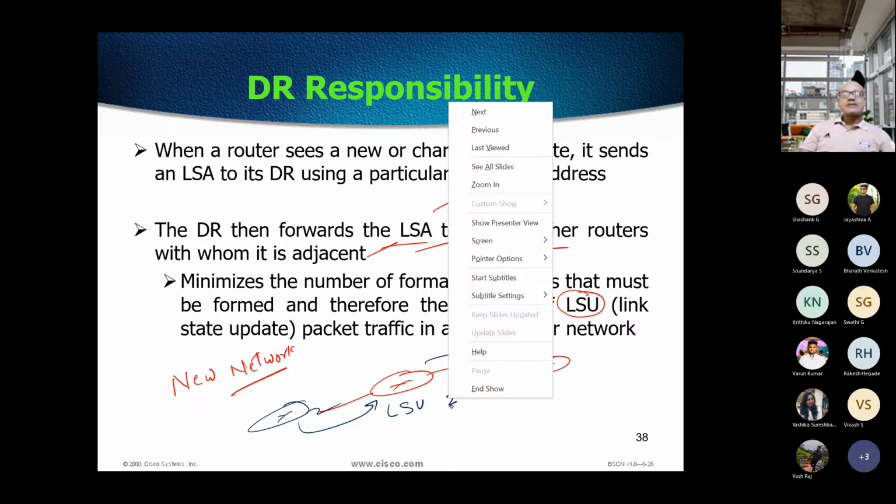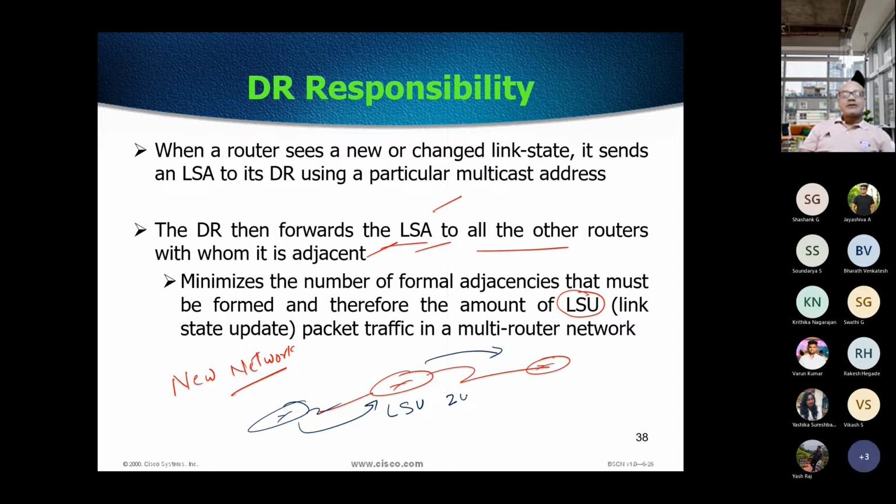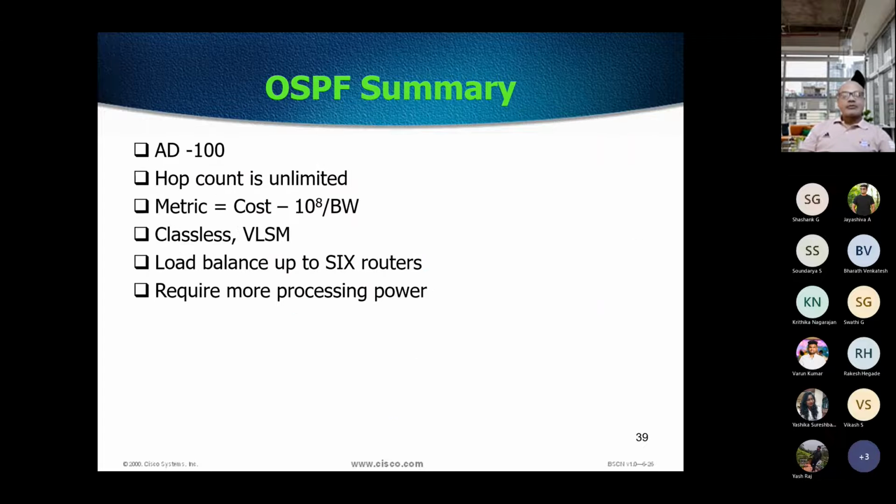What is the multicast IP for this? 224.0.0.5. Yes, very good. It uses this IP address to update. Remember this, guys. If we talk about the summary, the AD value is 110, correct? Hop count is unlimited. What about RIP?